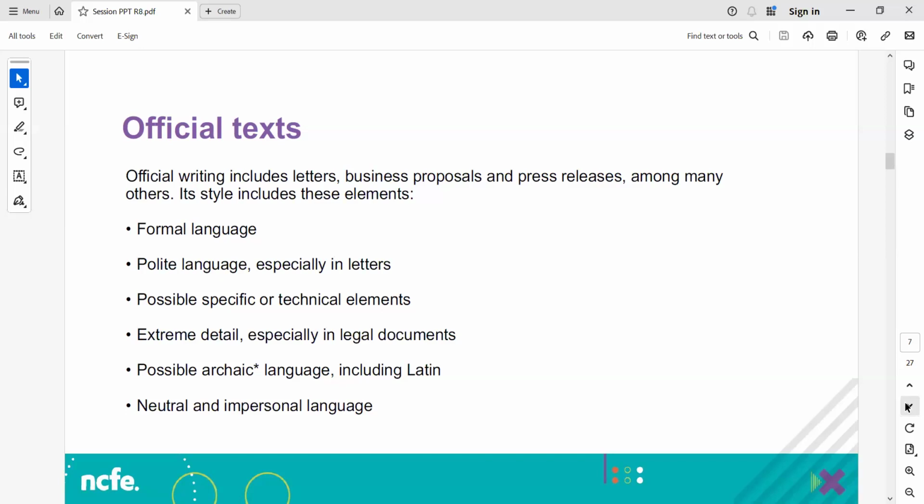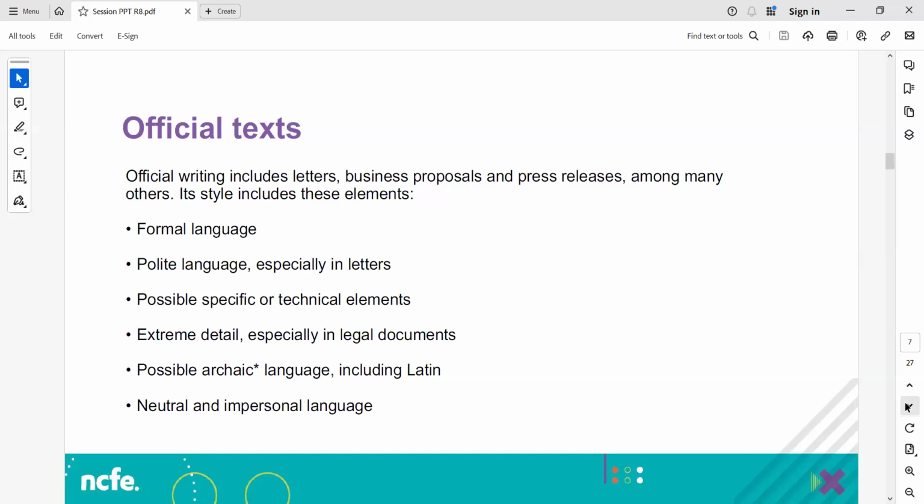There may be specific or technical elements depending what the subject matter is. If you are looking at a legal document, there may be extreme levels of detail. So a legal document that many people would have perhaps seen would be to do with either renting or buying a house.